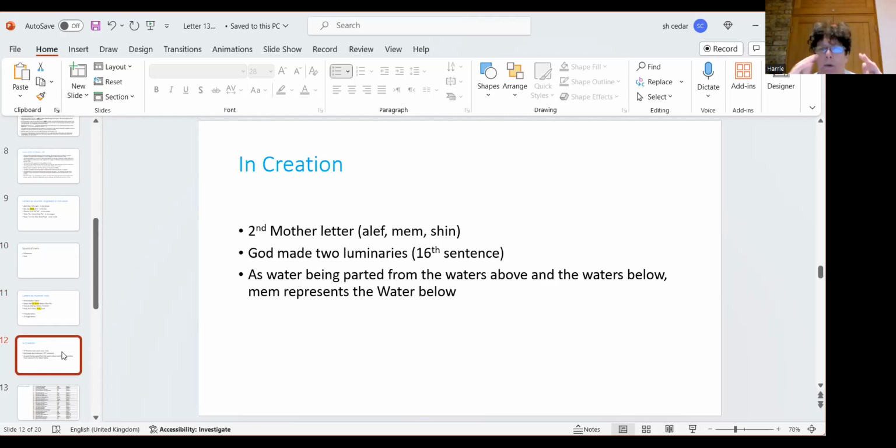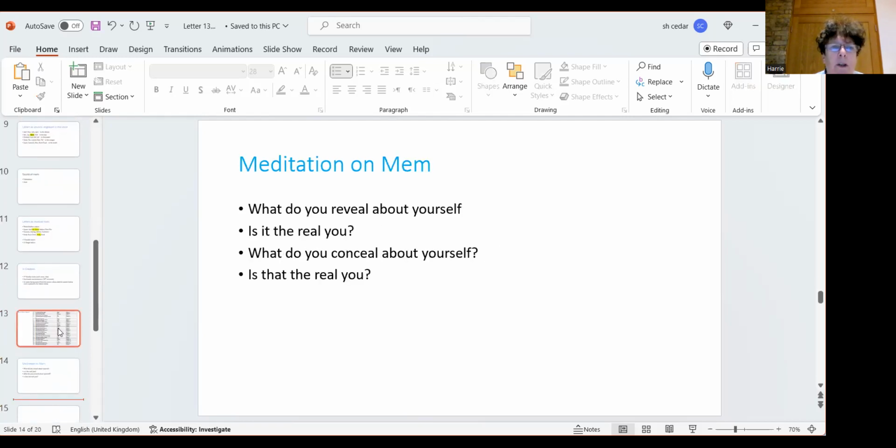It's the 16th of these 32 sentences. I'll show you in a second. As the water being parted from the waters above and the waters below, Mem tends to represent the water below, but it's also associated with one of these sentences of the 2 luminaries, and I'll show you.